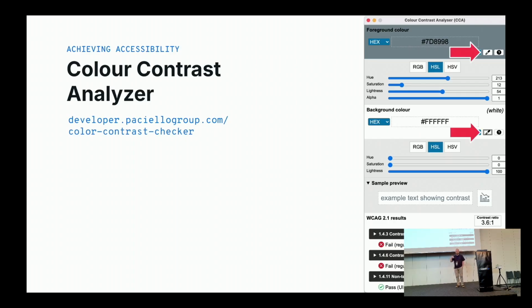You pick the background or foreground color, and it will automatically tell you if that combination fulfills, for example, regular text, large text, or non-text, such as icons and surfaces and so on. And then you can use this slider, for example, the lightness slider, to see how much darker or lighter something would need to be to fulfill the WCAG color contrast requirements.